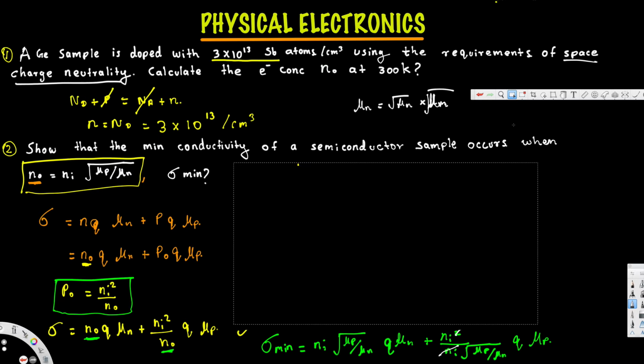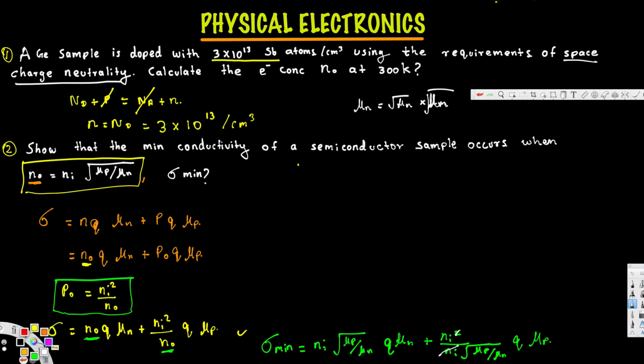I'm continuing this part on top. Okay, let's use a different color. So we end up with this one. Here I can do one more thing: I can take ni common.